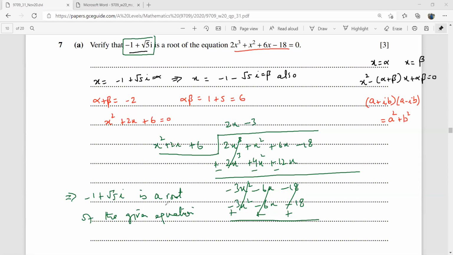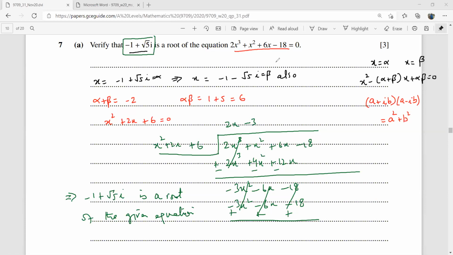So that is how you do this part. And if you don't like all this working, basically you will have to do all this working in the next part again. I'll tell you why. But if you want, you can also substitute this minus 1 plus root 5 iota into it. Through the binomial expansion, you can get all of this equal to 0 as well.